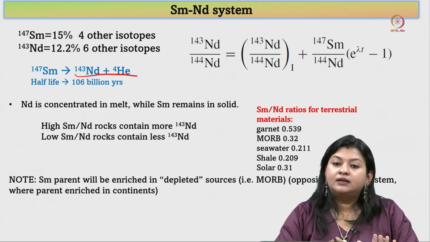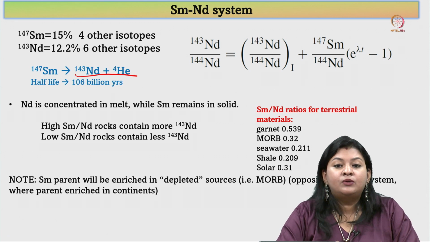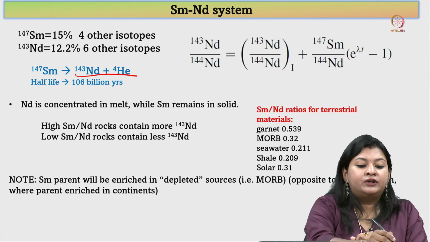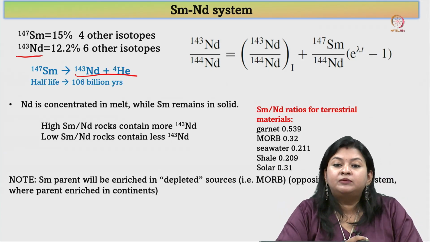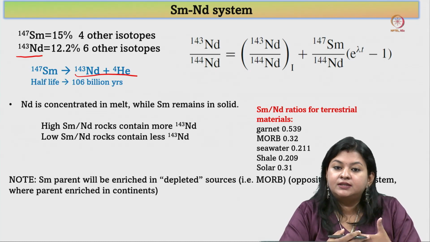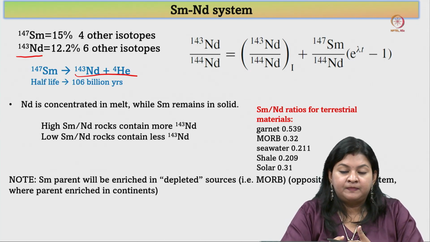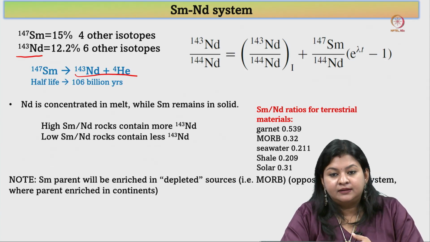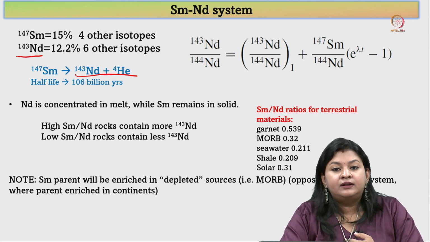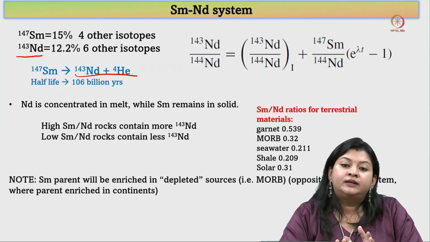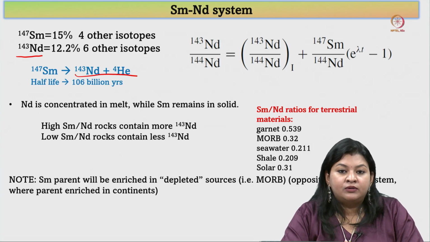Therefore, in the earth's crust, samarium's concentration is very low. Therefore, the concentration of radiogenic neodymium is also very low. Just the opposite of rubidium strontium. So, here samarium is a more compatible element. Therefore, wherever the compatible parent is more available, the radiogenic daughter will also be more.